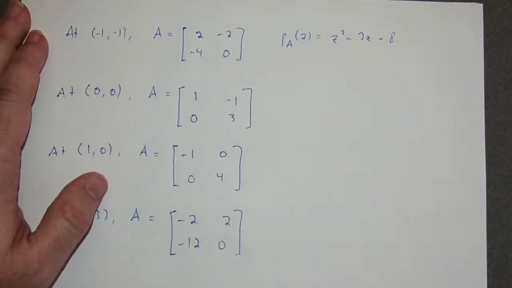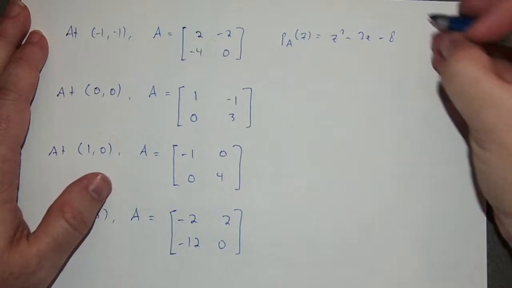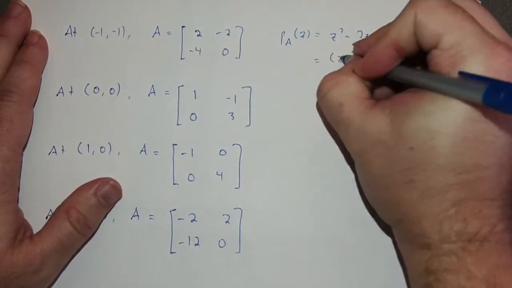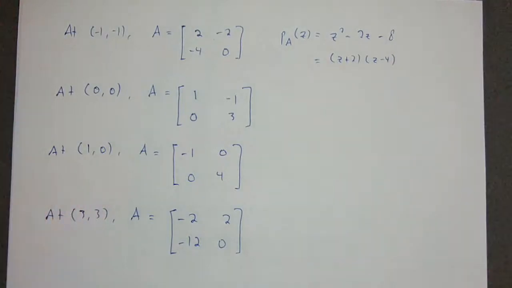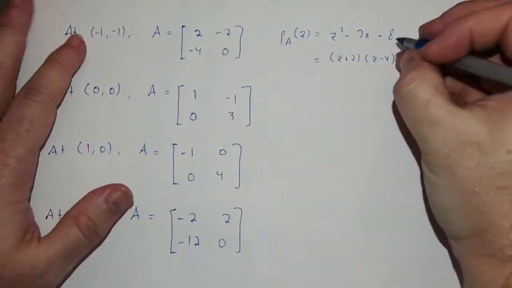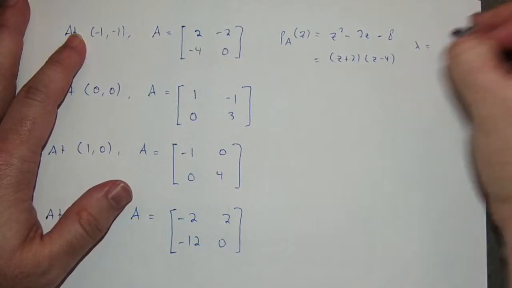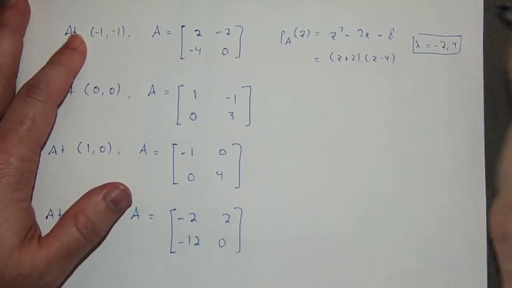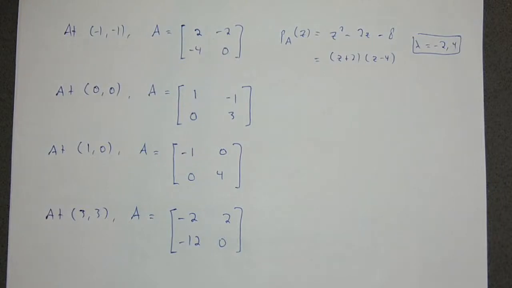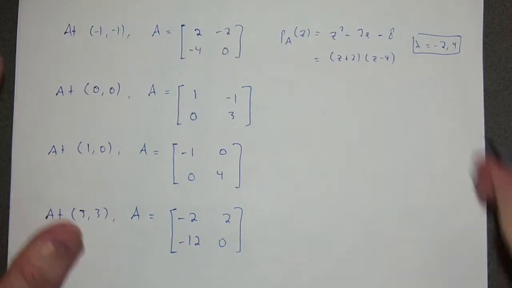And of course that factors as (z plus 2)(z minus 4). Okay, so it has eigenvalues lambda of -2 and 4. So this is a saddle.